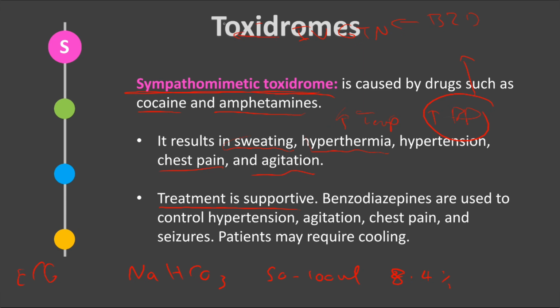If still not improved, you have to give them labetalol. For the chest pain, think about giving diazepam, then think about acute coronary syndrome and activate the cath lab. So you may need primary PCI or even thrombolysis if PCI is not available.